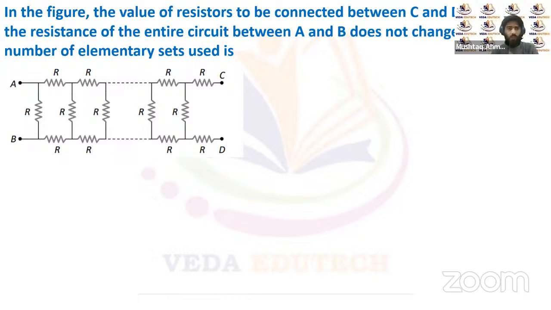You can see on the screen that there is a combination of resistors, like a ladder of resistors, given in this circuit. It is to be connected between C and D so that the resistance of the entire circuit between A and B does not change with the number of elementary sets used. So we have to find the equivalent resistance between A and B. These are the ladder of resistors here.